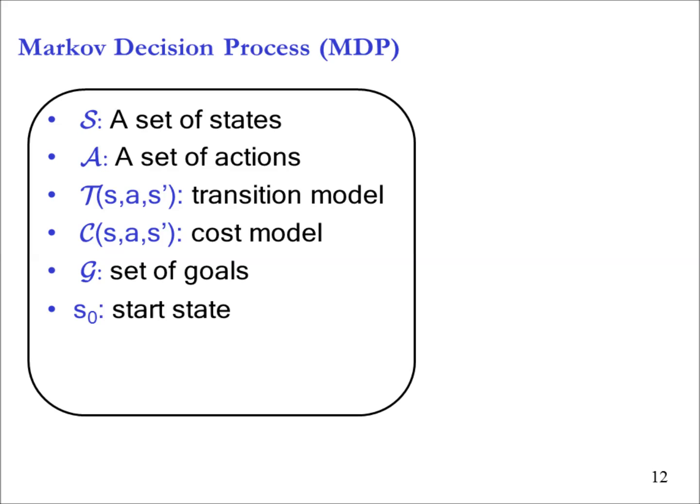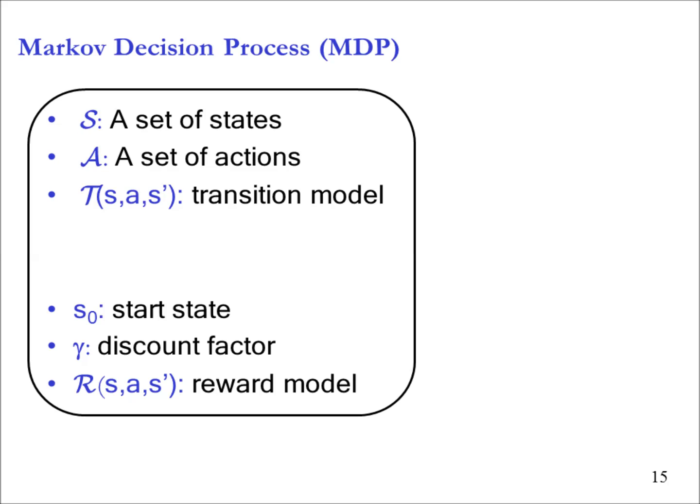Now, we will study many different kinds of Markov decision processes. They will change slightly. So this is a consistent Markov decision process. I have a starting state and I want to reach a set of goals. There is another possibility where I have rewards and no goals. Absolutely no goal. There is no goal in life.